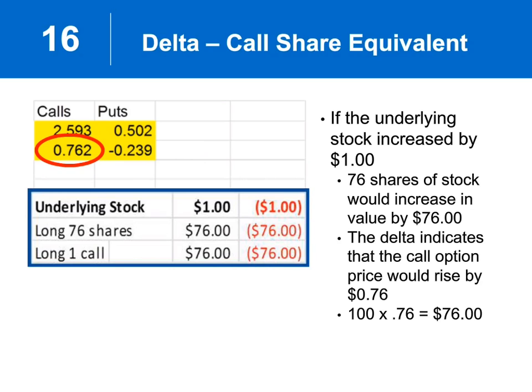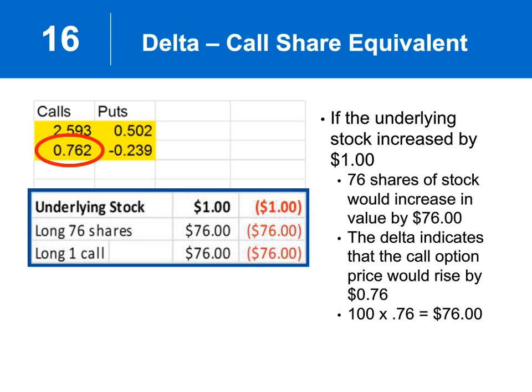Now, this whole idea of call share equivalent, it's part of the reason I like this presentation a lot. This may not apply to all retail investors or even a lot of them, but the way the folks on the floors and the professional traders trade options, they oftentimes will hedge on a per share equivalent basis.